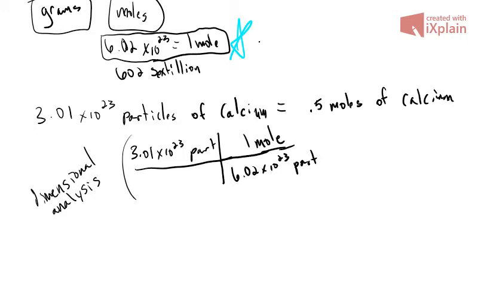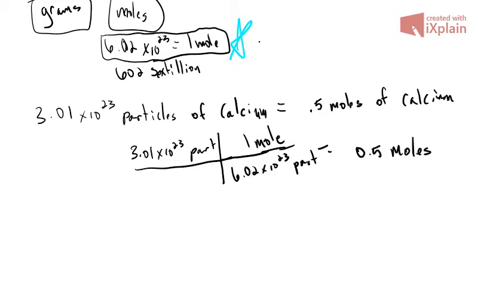Okay, so when we do this calculation using dimensional analysis, we multiply all the numbers on the top by each other, and then we multiply all the numbers on the bottom by each other, and divide the top number by the bottom number, and we should get 0.5 moles of calcium. Okay?